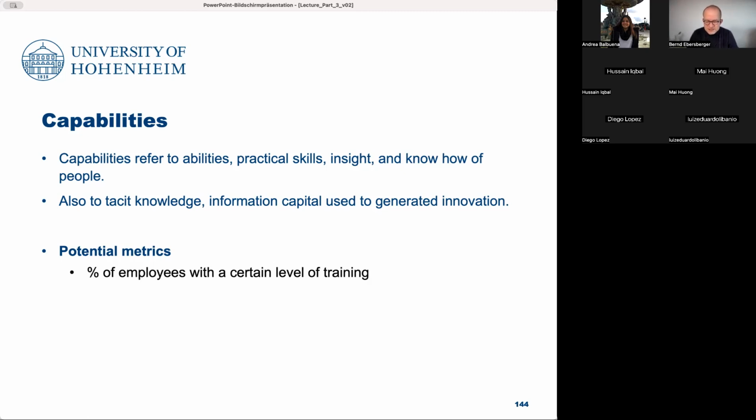So qualifications, yes, the number of employees who can use a specific software. Sometimes software is extremely important for creating, for designing, etc. So the number of employees who can use Autodesk as a design software.